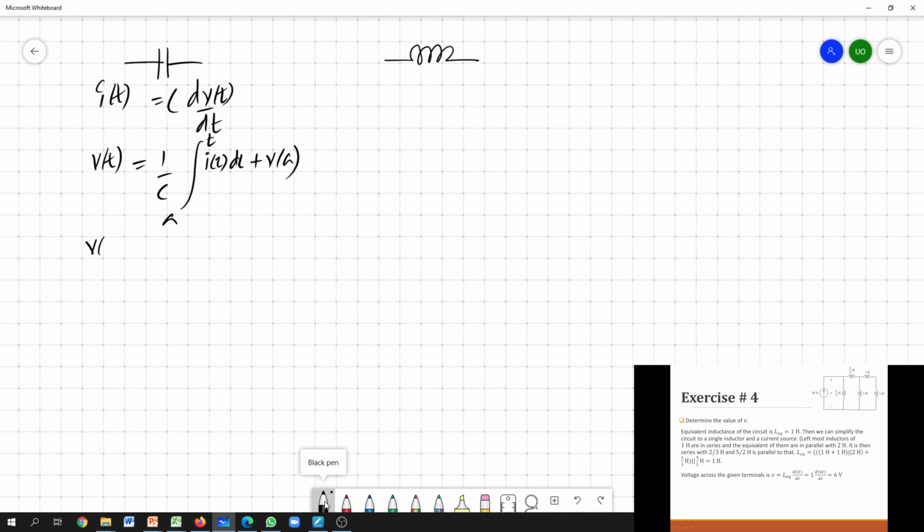And for DC voltages, this becomes an open circuit. For the capacitors, the voltage v(t) should be continuous, and this is possible.